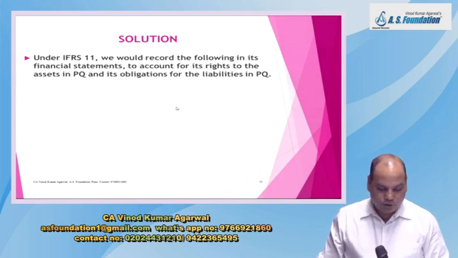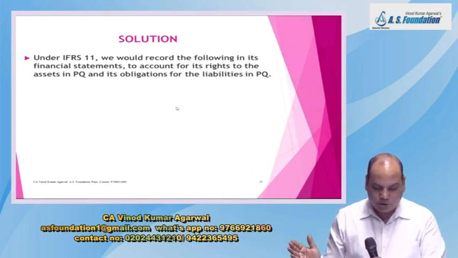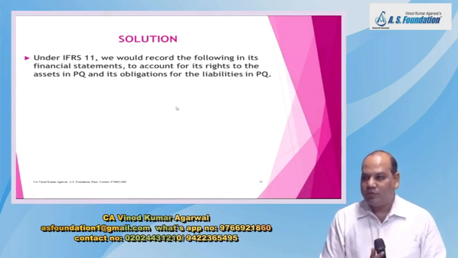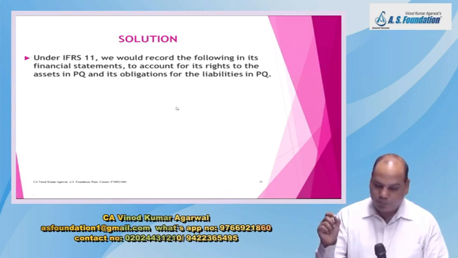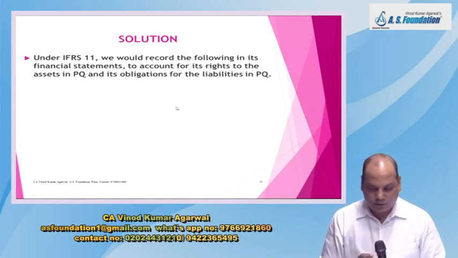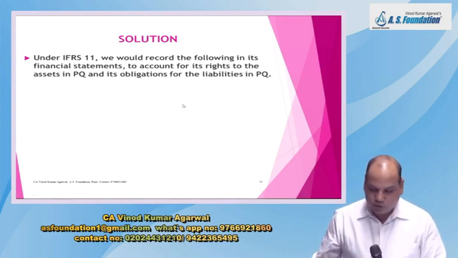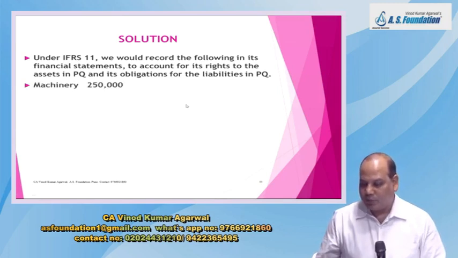And if the answer is joint operation, then each party will record its share of assets and liabilities. The question has only asked how P will record in its financial statement. So P will show the following items in its separate financial statement.